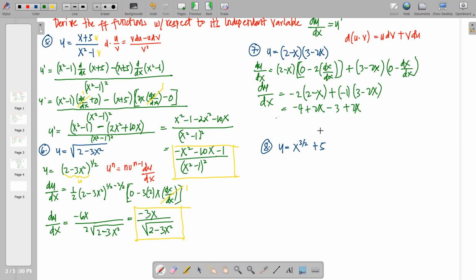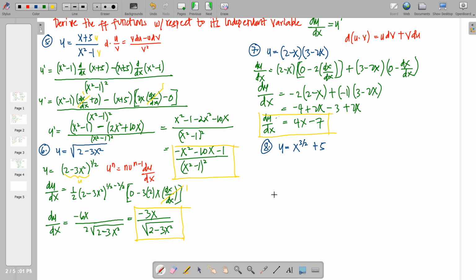So therefore we have here y prime, or dy over dx, starting with x. This is 4x. 4 and 3 will just combine into negative, or x minus 7. So this will be the answer for the 7th problem.